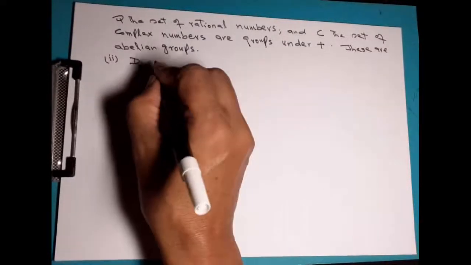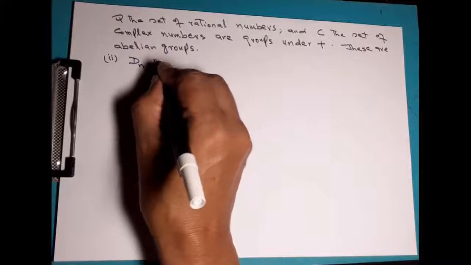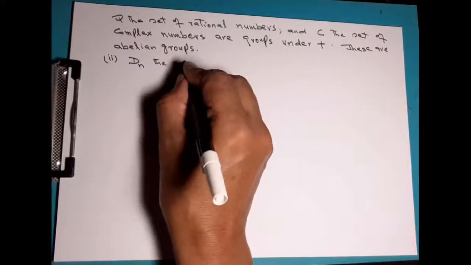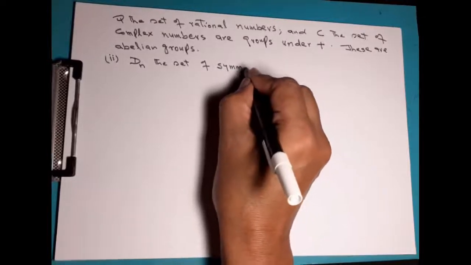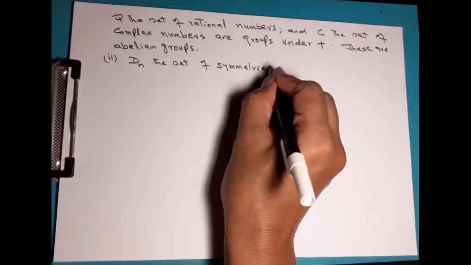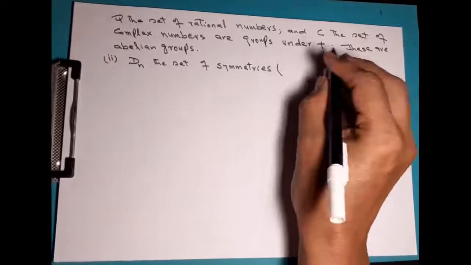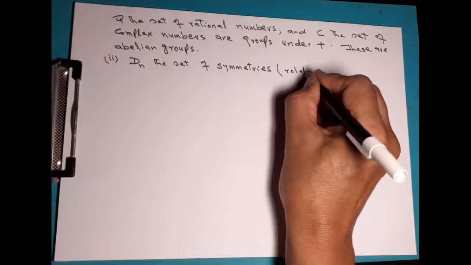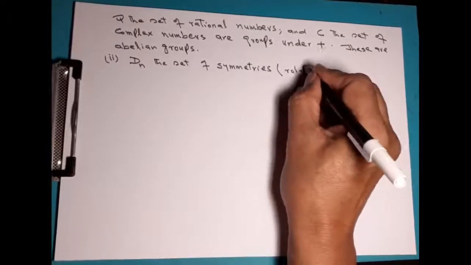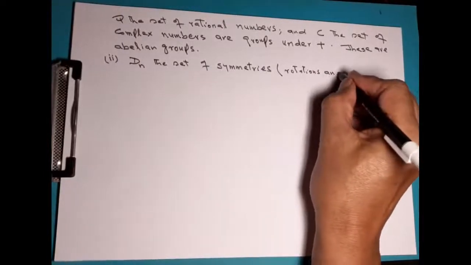So Dn, the set of symmetries, and you know what symmetries we mean. Symmetries means rotations and reflections.